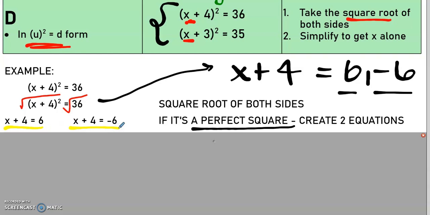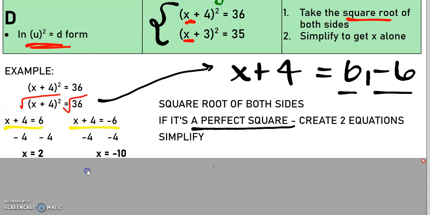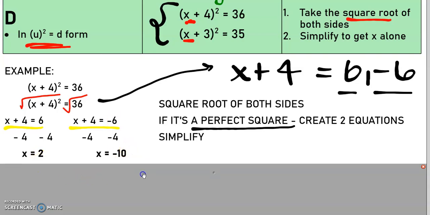Okay, they're both answers, right? 6 and negative 6 both will work in this situation. And then we just continue to solve this for x. So what do I need to do to both of these little equations to get those x's alone? Subtract 4, right? Subtract 4. So then I will end up with x equals positive 2 and x equals negative 10. And there I have my answers to the equation.